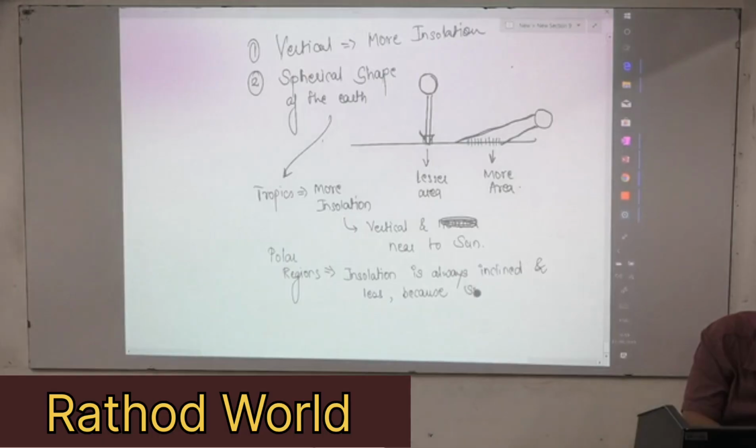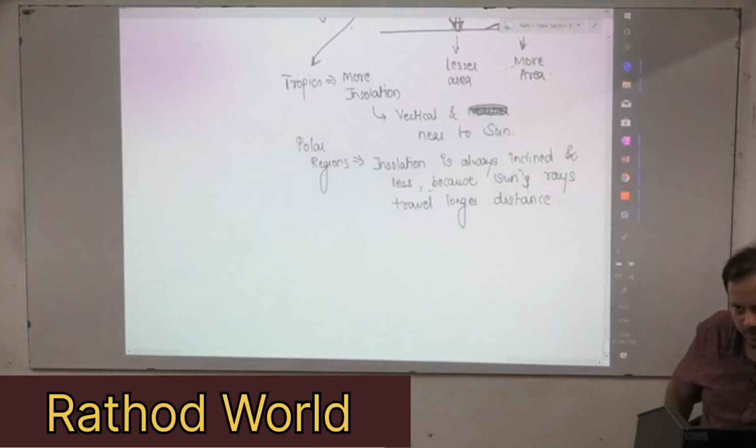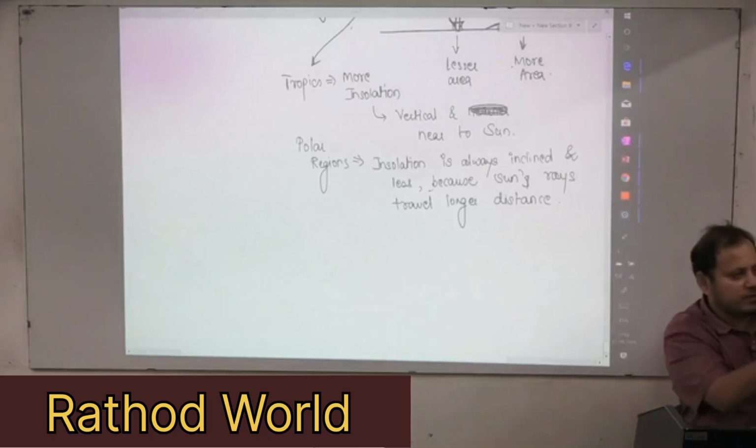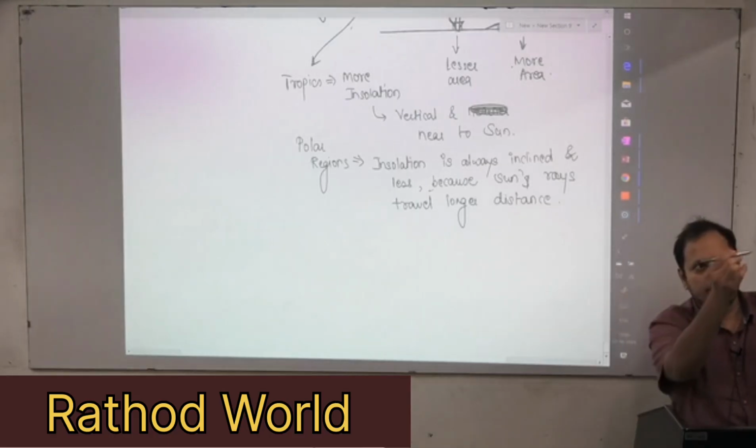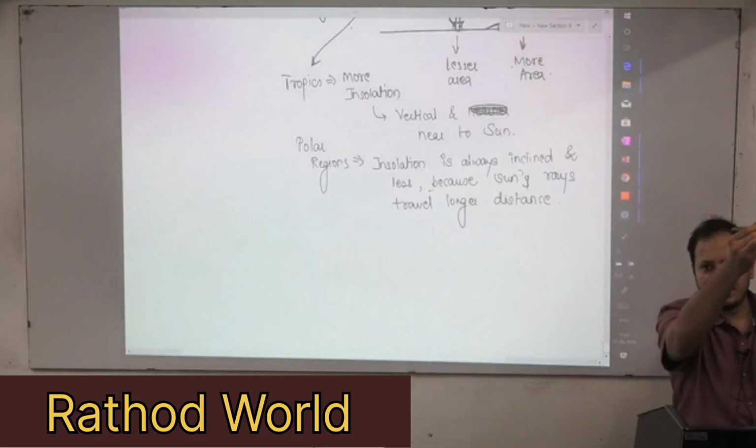Because sun's rays travel longer distance. Clear है? Just look at the shape. जो सन के पास है वर्टिकल, जो सन से दूर है एंगल बढ़ते जा रहा है. फाइन.